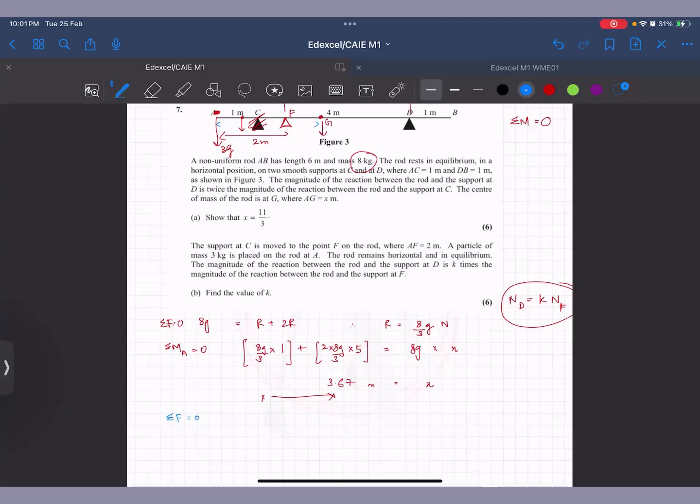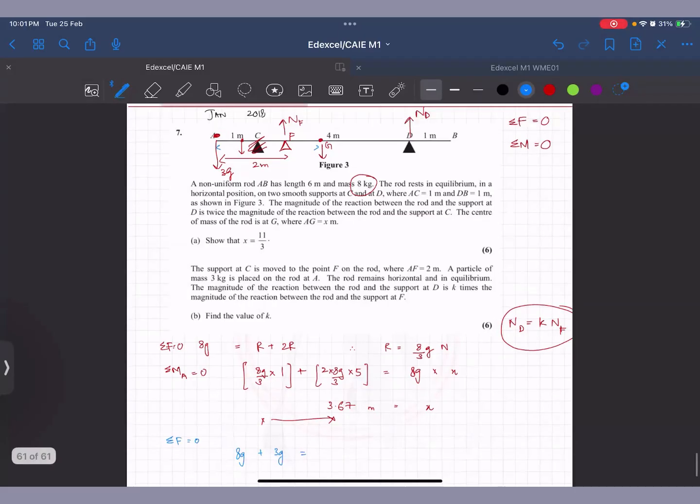So there is the weight of the rod which is downwards, which is 8g, and the weight of the particle which they added, 3g, acting downward, is equal to the normal force at F plus normal force at D.